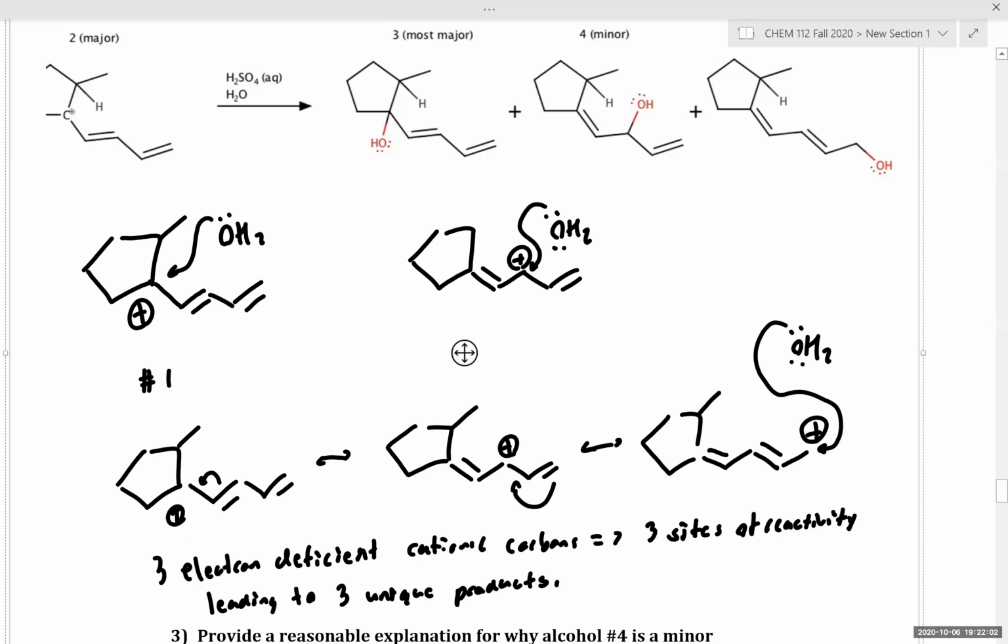Does that make sense to everyone? If you draw out the resonance structures, you can clearly identify the 3 electron deficient carbons, the 3 sites of reactivity, and as a result, that's why we see 3 regioisomers. Any questions on this example?